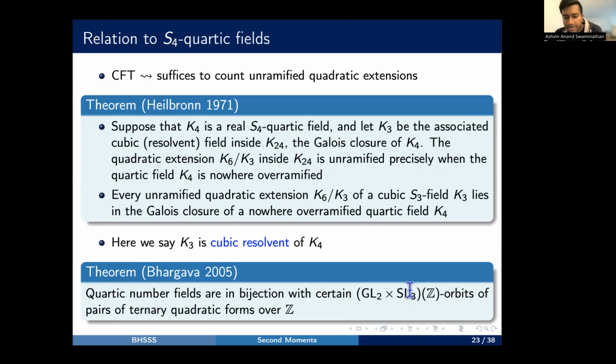And the second factor, SL3, is like a change of basis action on your quadratic forms. And yeah, so that's the parametrization, and then it becomes an orbit counting problem, counting orbits of this representation, which you can do by counting points in a fundamental domain. Okay, so that's how Bhargava proves this theorem.